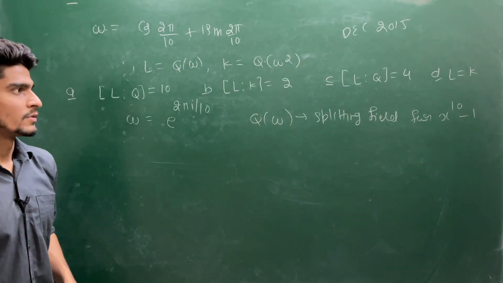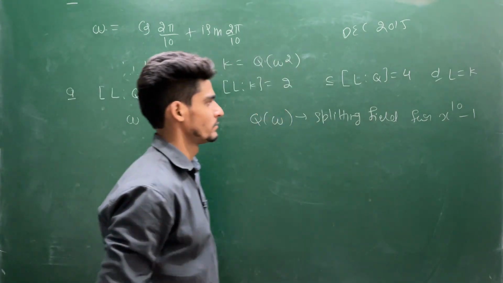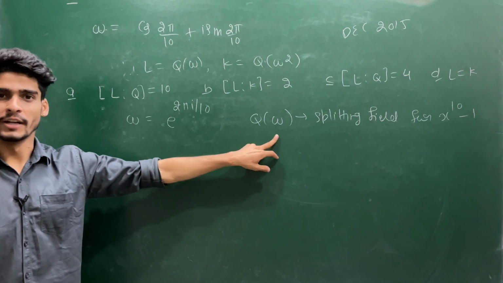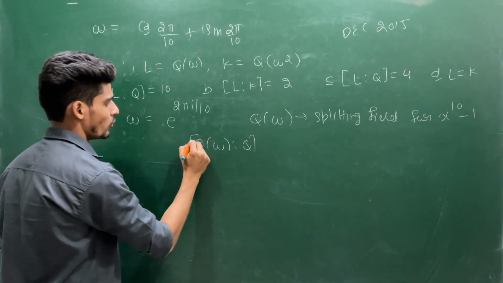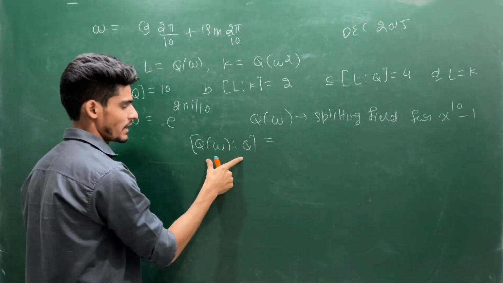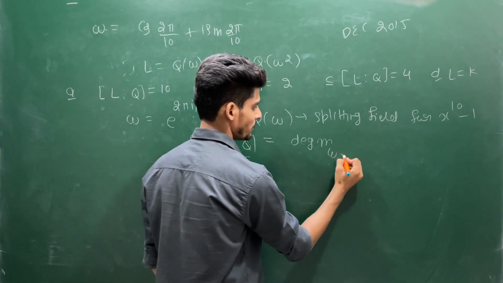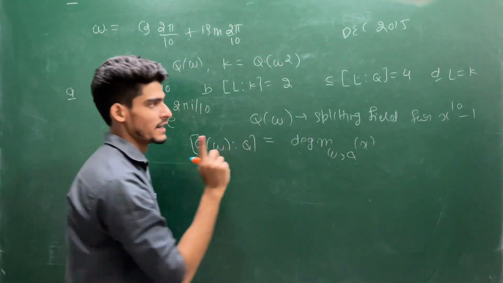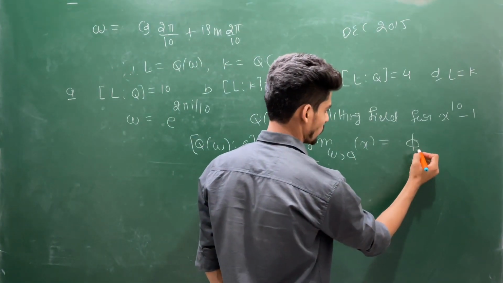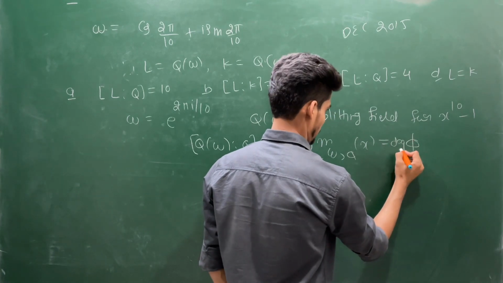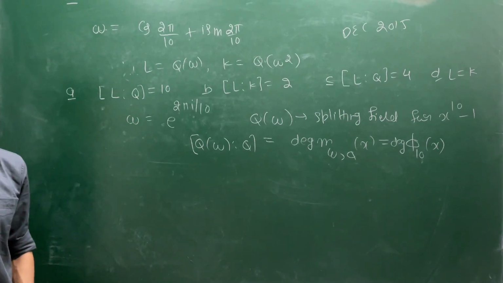So this is a cyclotomic extension, and you know what the degree of this is. Q(omega) over Q forms a vector space, and the degree of this extension will be the degree of the minimal polynomial of omega over Q[x], where omega is a 10th primitive root of unity, and this is nothing but the cyclotomic polynomial phi 10(x).